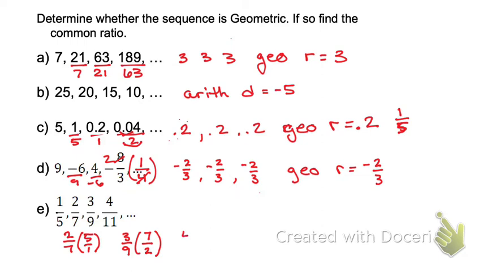And 4/11 divided by 3/9, or 3/9 is 9/3. So the first one is 10/7, and the second one is 21/18. Oh, wait, we can reduce. So it's 7/6. Do I even need to keep going? No. So it's not geometric, but I do need to check if it's arithmetic.